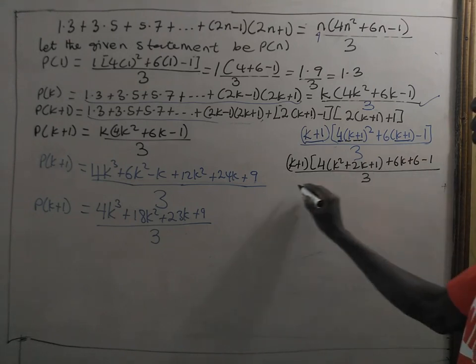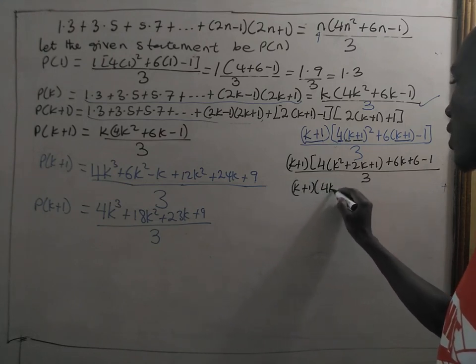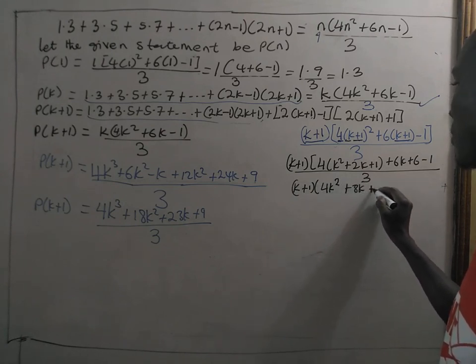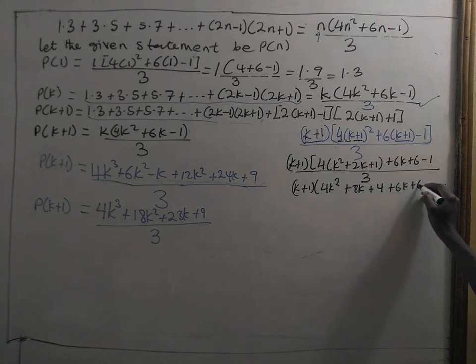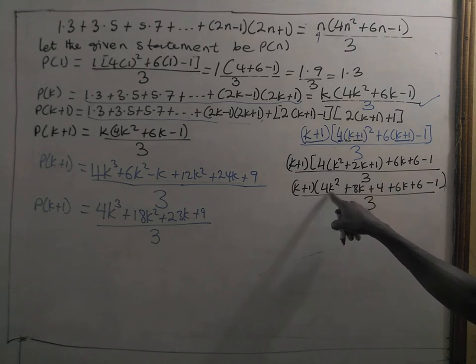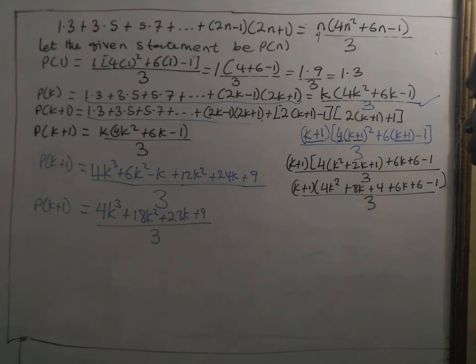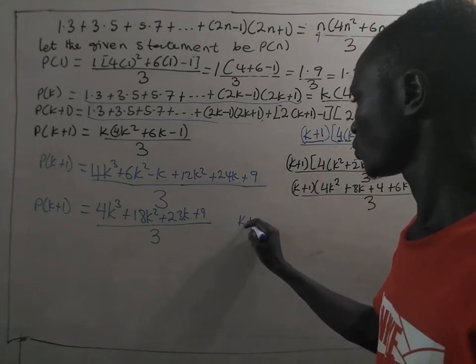So you see that at the top here we are getting k plus 1 times 4k squared plus 8k plus 4 plus 6k plus 6 minus 1. All divided by 3. So you see that I have k squared here. Yes. So let's see what I was trying to do. So we saw that we should have this factor k plus 1.